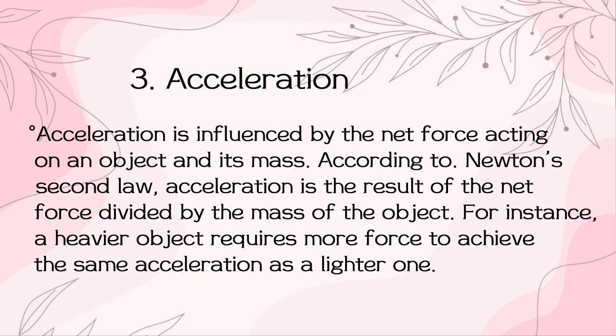The acceleration. It is influenced by the net force acting on an object and its mass. According to Newton's second law, acceleration is the result of the net force divided by the mass of the object. For instance, a heavier object requires more force to achieve the same acceleration as a lighter one.